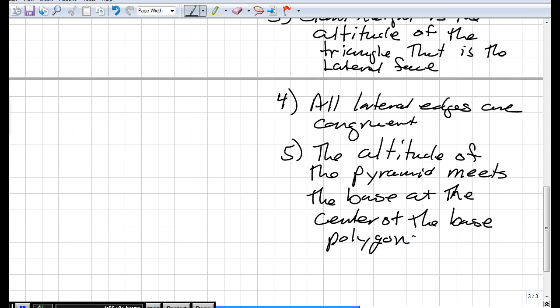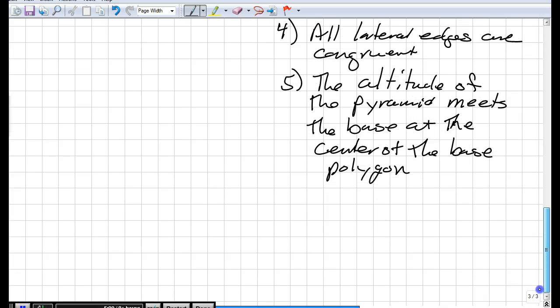And so we have several different theorems that give us the lateral area and the total area. The first one, theorem 1.